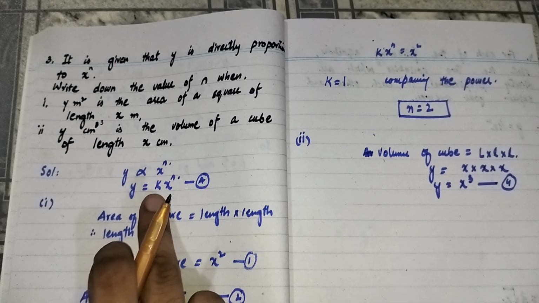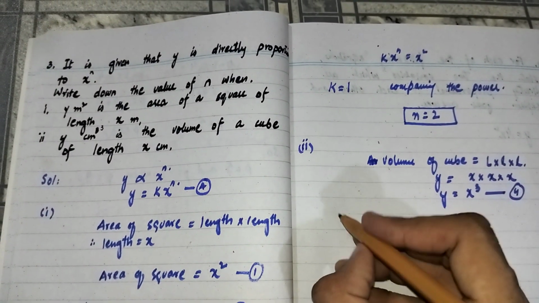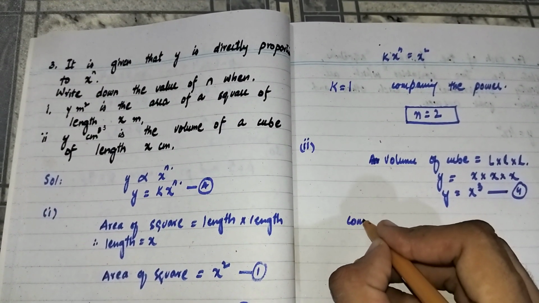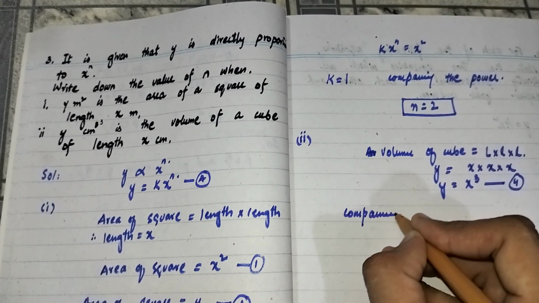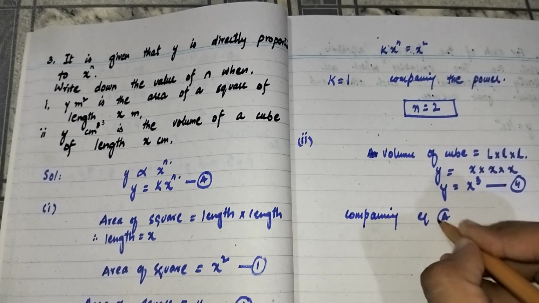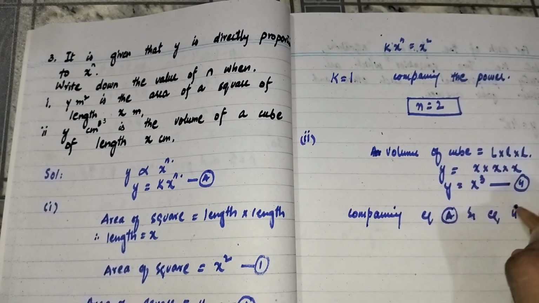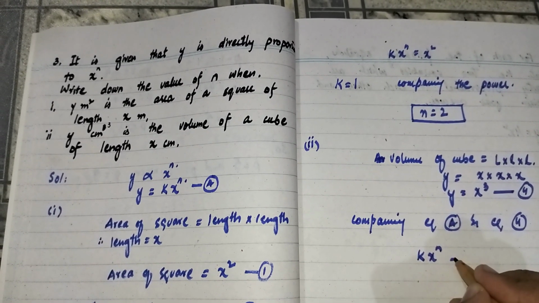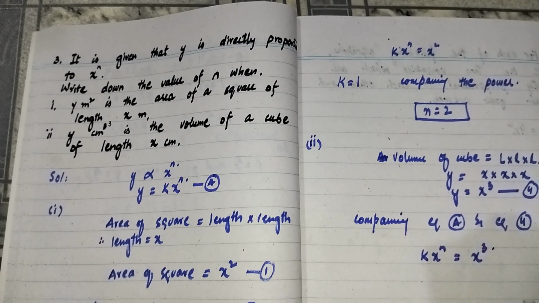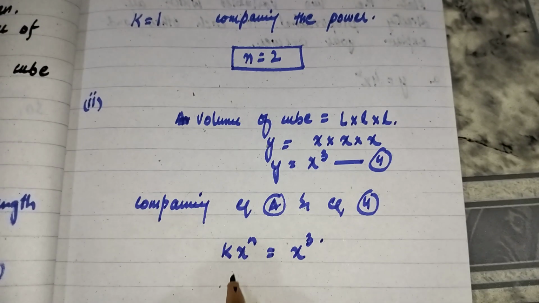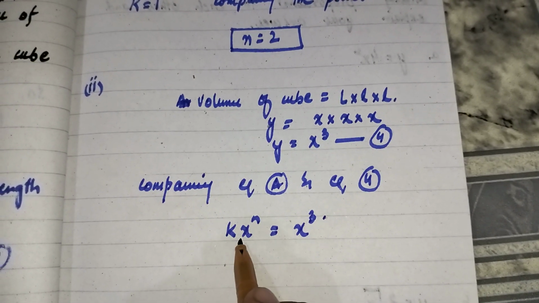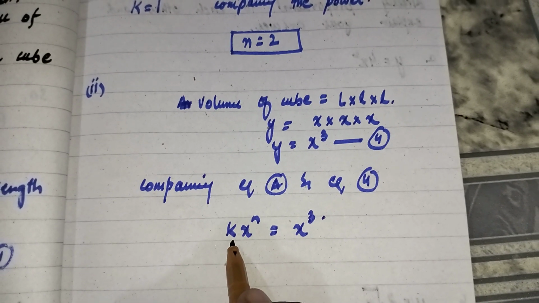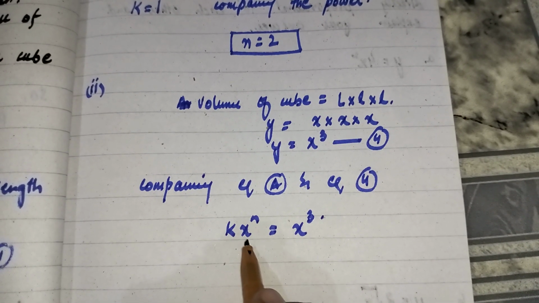And we know that y is equal to k x power n, so comparing equation A and equation 4, k x power n must be equal to x cube. Now here the coefficient is 1, so it means that k is 1, where k is the constant, the coefficient of x power n.